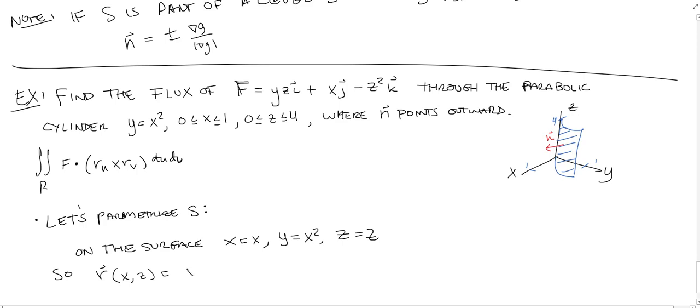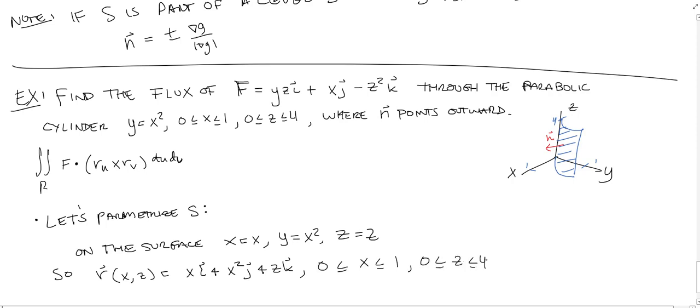For the i component, we can just say that's x. But for the j component, we can replace y with x squared, because that's what that equals. And then for the k component, z is just z. So that's going to be our parameterization, and then we know that x goes from 0 to 1, and z goes from 0 to 4.